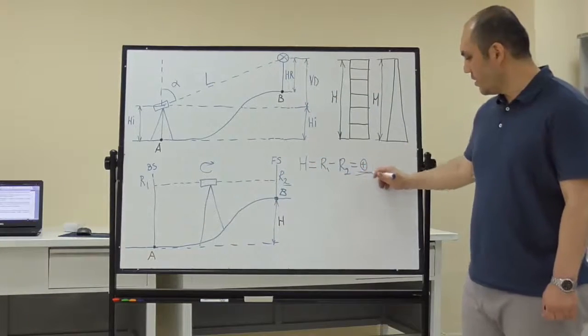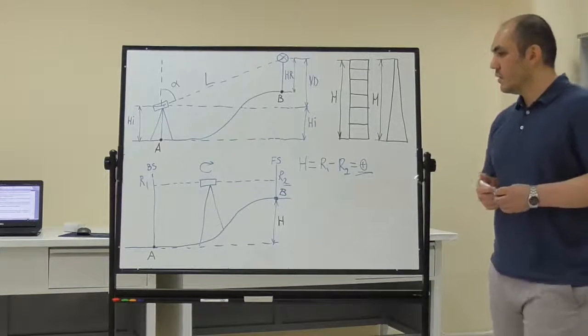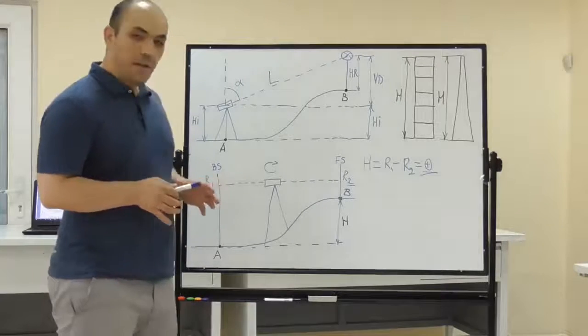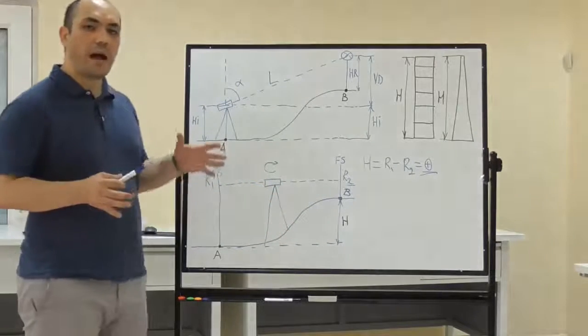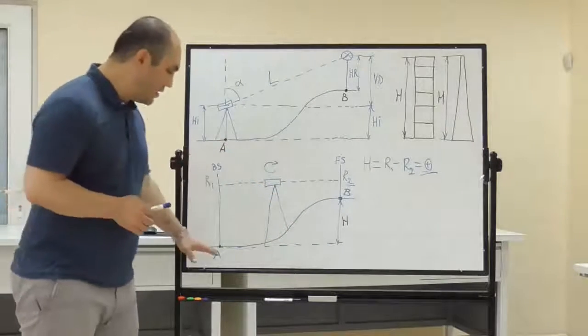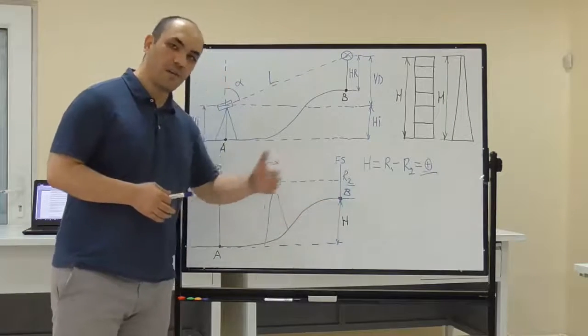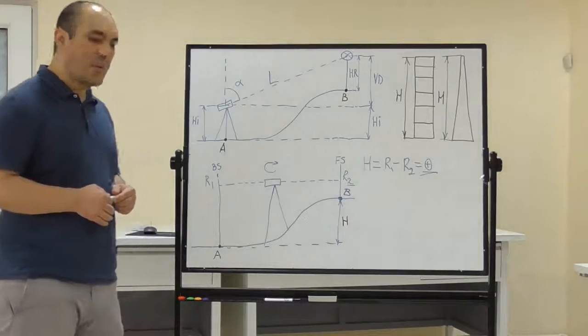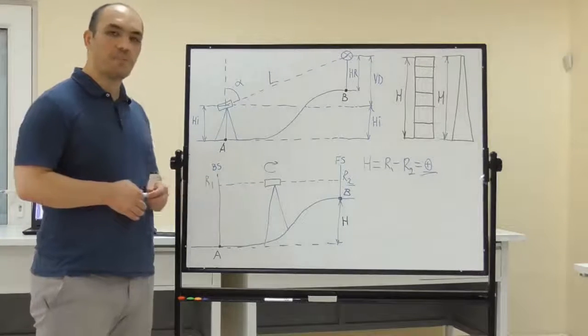This plus sign shows this. If the relative height is very high, or the distance between point A and B is very long, we use differential leveling instead of simple leveling.